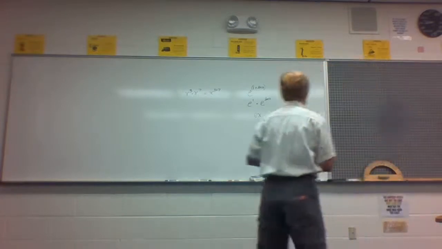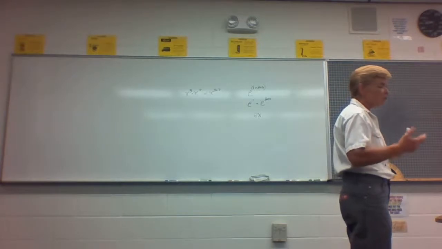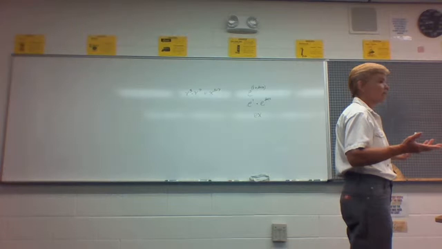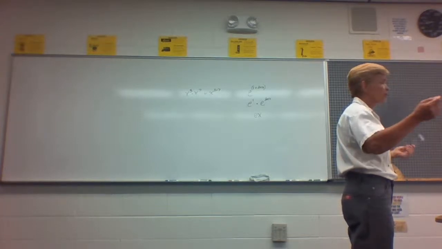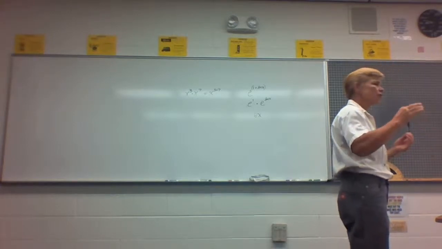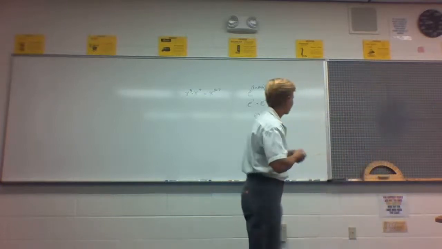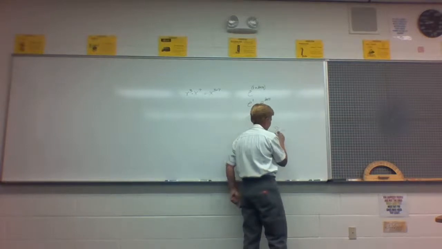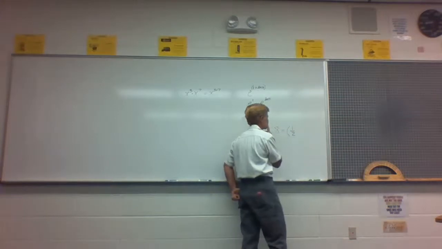Now think about this, just so that you understand why it turns out to be -3. It's the 8 that I'm concerned about, because remember that property we've been honing in on? If I could rewrite 8 as 1/2 to something, then I would have log base 1/2 of 1/2 to the something, and the something would be the answer. But we're going from a whole number to a fraction. We're used to taking fractions like the 1/3 and going to a whole number as a base. So I'm going to turn that 8 into 1/2 to the something.